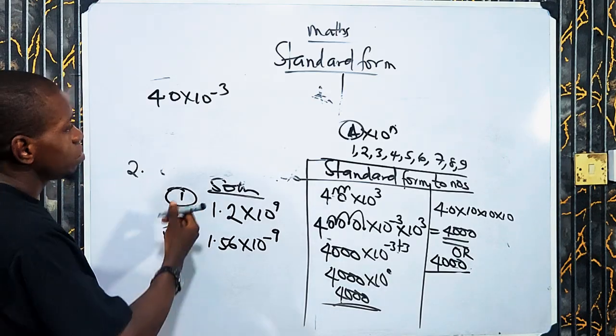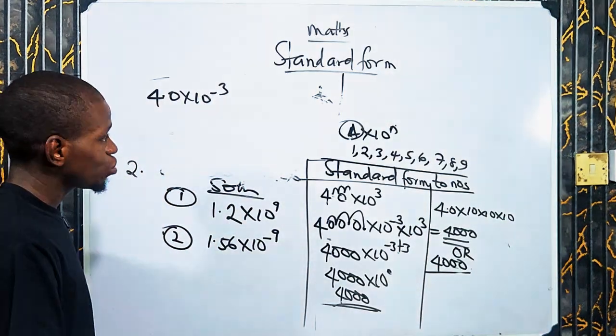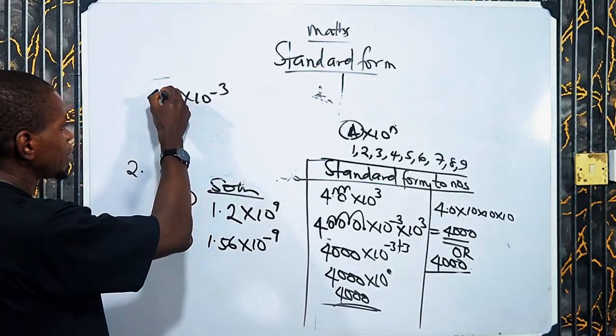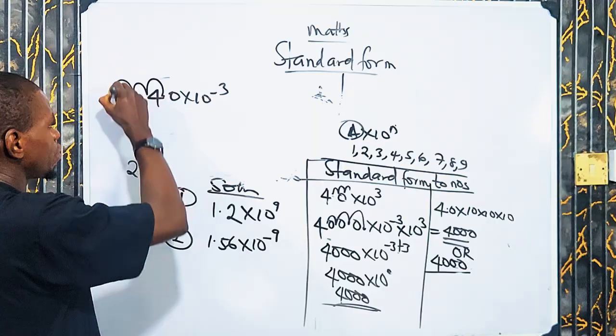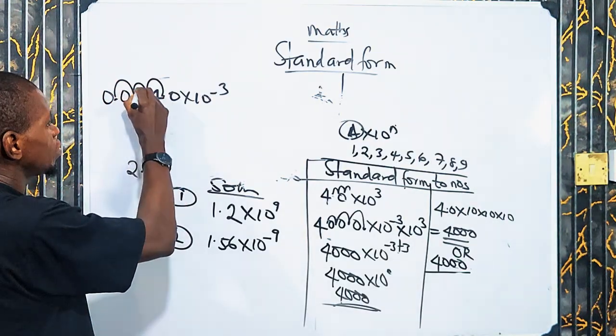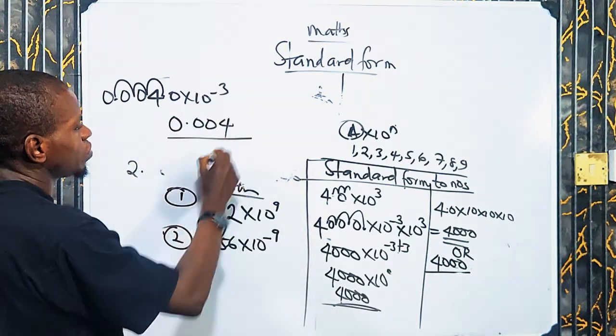How do I do that now? Well, because it is negative, let me not apply that rule that I told you. Let's apply another rule. Because it is negative, I can just move it 1, 2, 3. So this point is here. I can now say 0, 0, 0. So it's going to be 0.004. This is my answer.